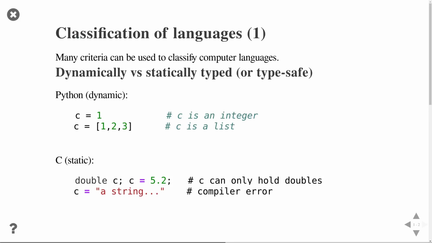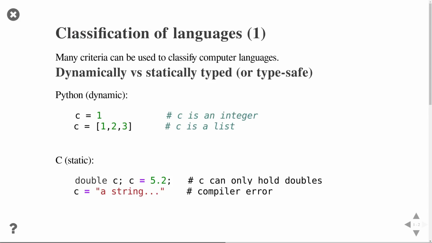The contrast to that is a static programming language, like C. In C, before you start using a variable, you have to declare which type that variable is and will be through its entire lifetime. So you say, OK, I have a variable c. It's a double, which is a floating point value.